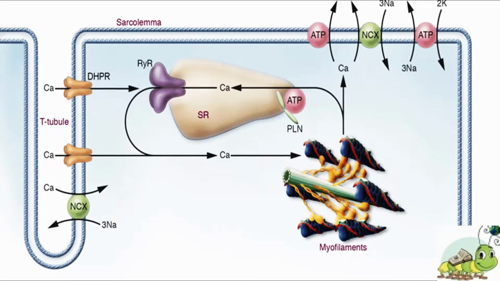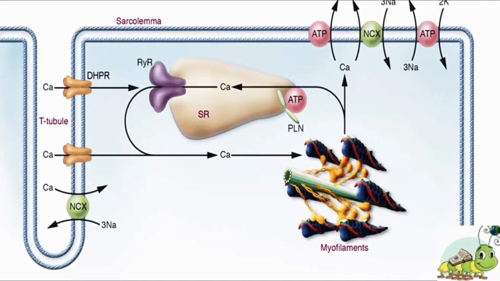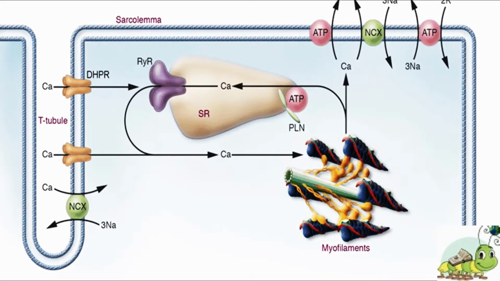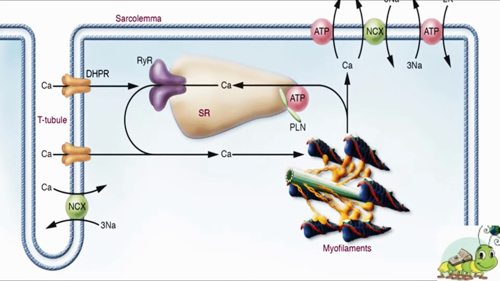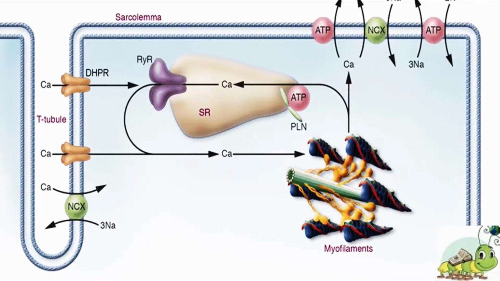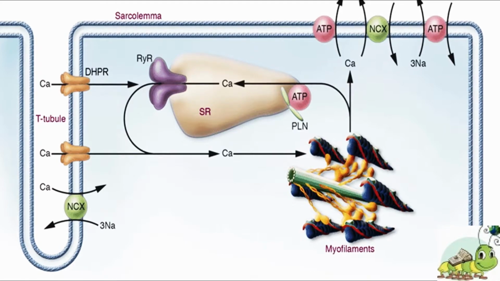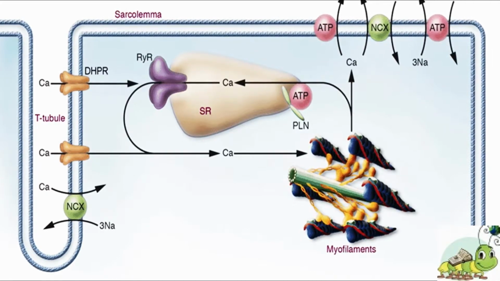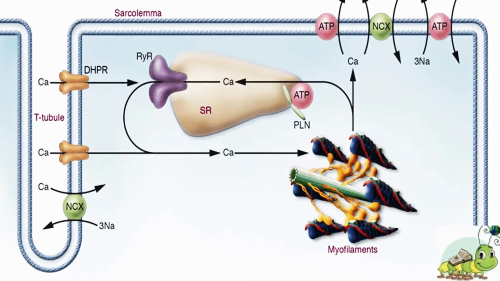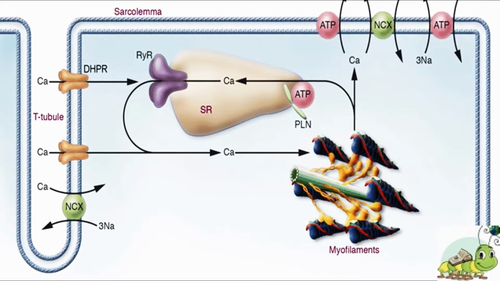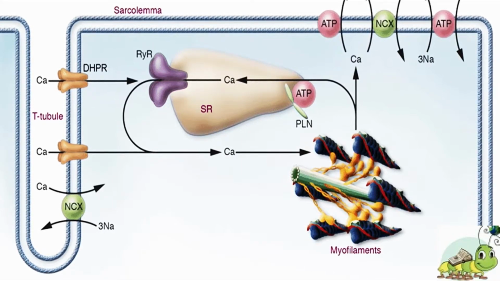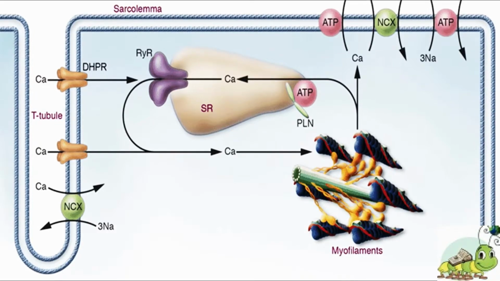Within cardiac muscle cells, myofibrils are surrounded by the sarcoplasmic reticulum, SR, an internal network of membranes. This is similar to the SR in skeletal muscle, except that the SR in the heart is less dense and not as well developed.